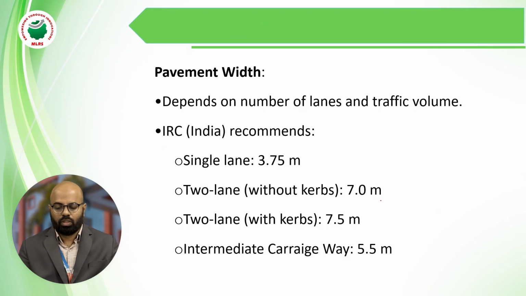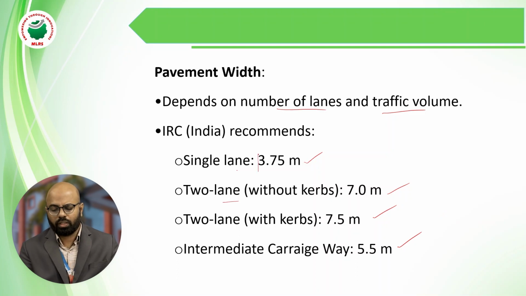Pavement width, okay, depends on the number of lanes and the traffic volume. IRC recommends for a single lane, the road width that should be provided is 3.75 meters, whereas for two lane without curbs, it is 7 meters, and two lane with curbs, it is 7.5 meters, and if it is an intermediate carriageway, it is 5.5 meters, okay.